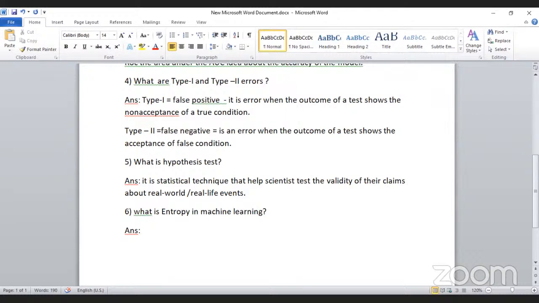What is entropy? Impurity, or disorderness of the data. Yes. Entropy is nothing but randomness in our data.